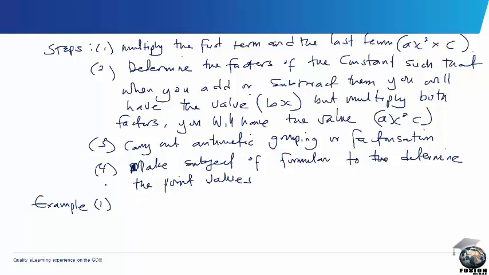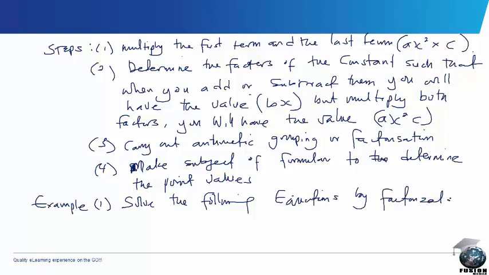Example 1. Solve the following equations by factorization. You are given x squared minus 6x plus 9 equal to 0.